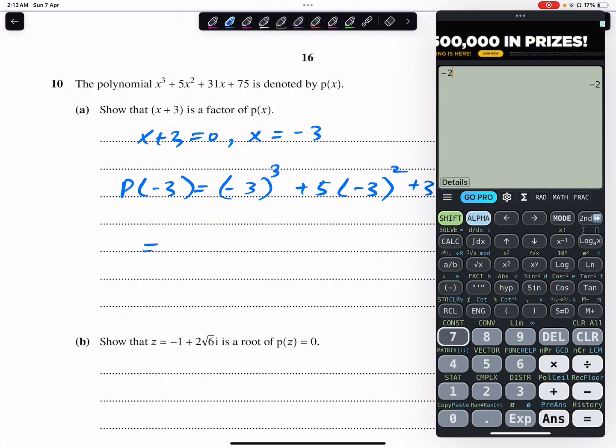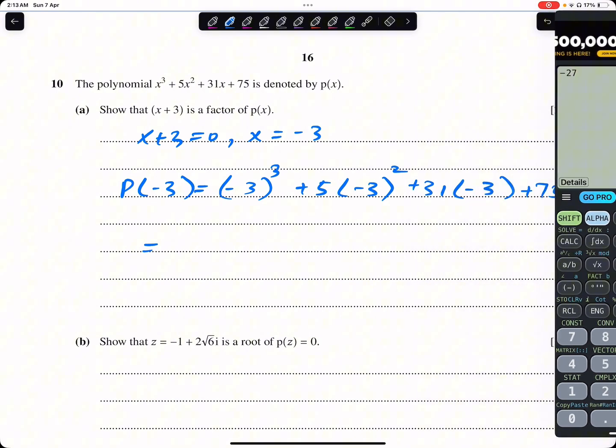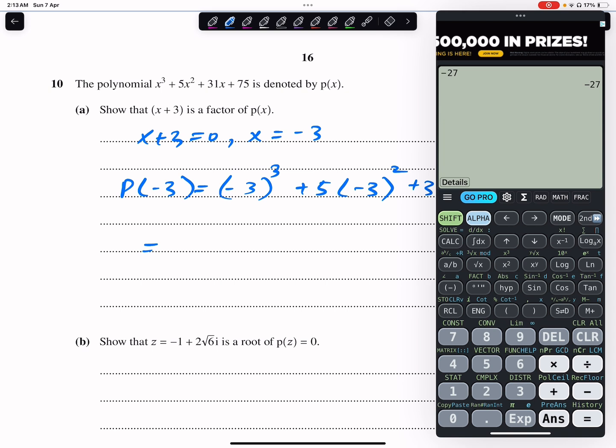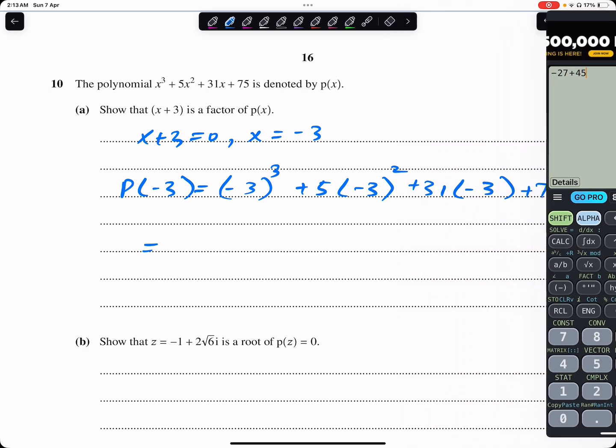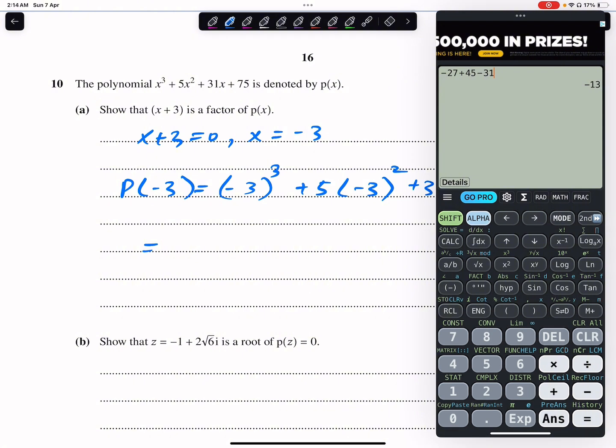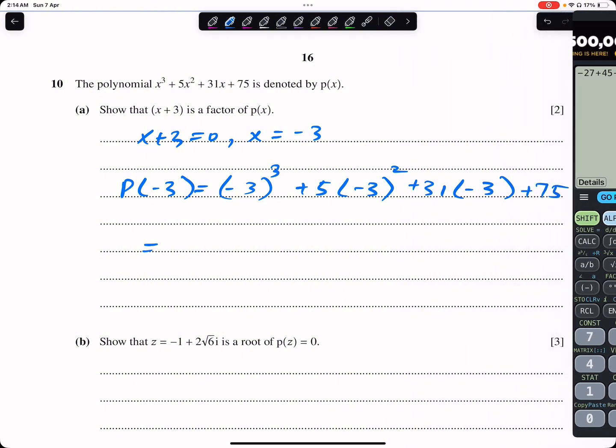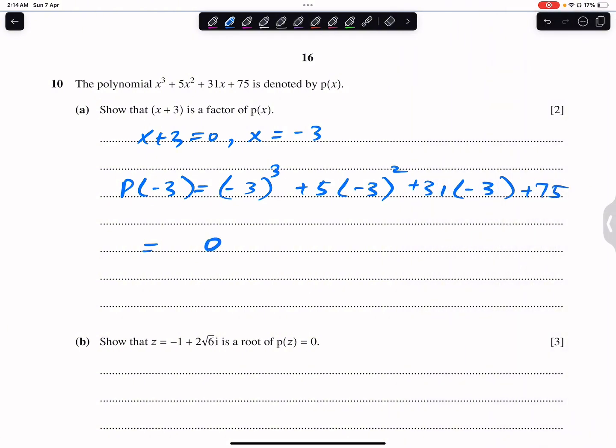So minus 27 plus 45, 5 nines are 45, minus 31 times 3 plus 75. So you can see that this is 0. So x plus 3 is a factor of p of x.